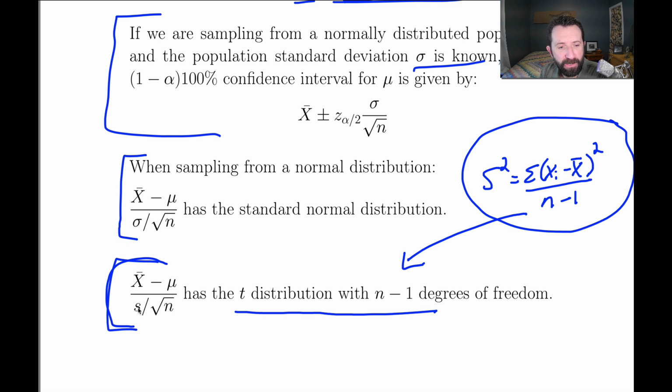Here we've got S. We're replacing our sigma with S. We're estimating sigma. We're putting S in here. Our sample variance had n minus 1 degrees of freedom, and our T is going to have n minus 1 degrees of freedom. Yes. Not a coincidence. Those go together. Your degrees of freedom for a T are going to be the degrees of freedom for whatever variance you are using. It's a little casually phrased, but that's the gist of it.